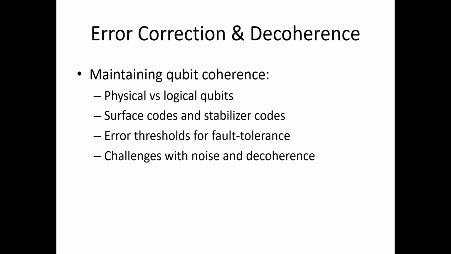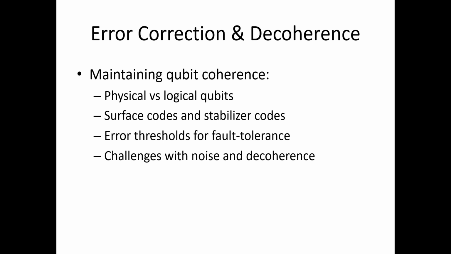A major challenge in building practical quantum computers is decoherence, the loss of quantum properties due to interactions with the environment and errors in quantum operations. Quantum error correction aims to combat this. It involves encoding information from one logical qubit into many physical qubits.